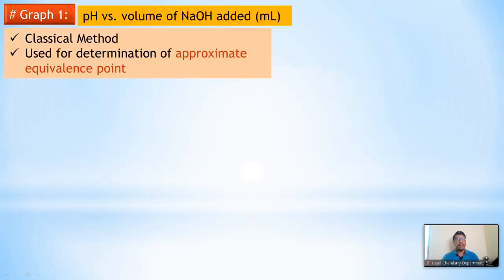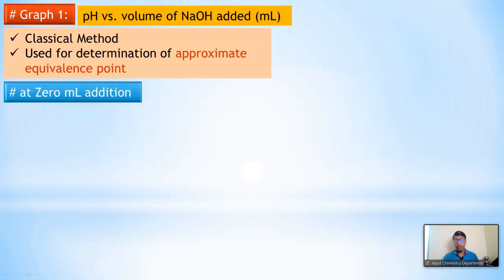Let's start with the classical method, and this is the graph according to the classical method. This classical method is used to determine the approximate equivalence point. That means graph number one, pH versus volume of NaOH added in ml, is used for determination of the approximate equivalence point.